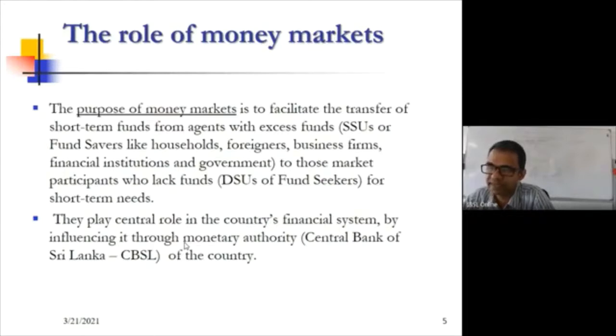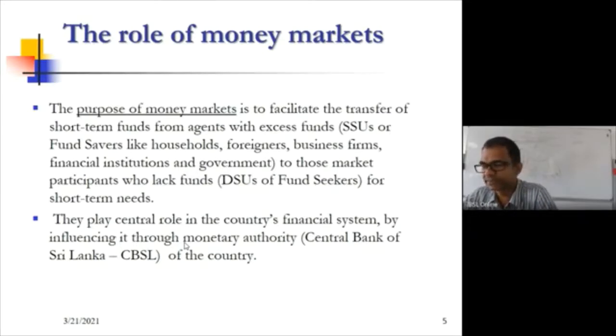That is the basic role of the money market. But it also plays a vital role in providing liquidity to the system. Because as I mentioned, especially banks borrow for a short period and fund long-term projects or provide long-term financing.